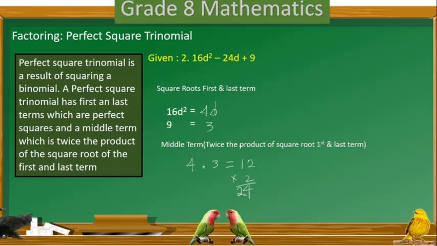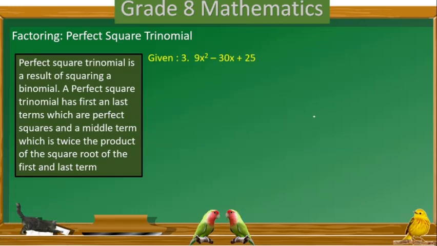So this is equal to our middle term. So this means that it is a perfect square trinomial. So (4d minus 3) squared is now our answer to the given trinomial.